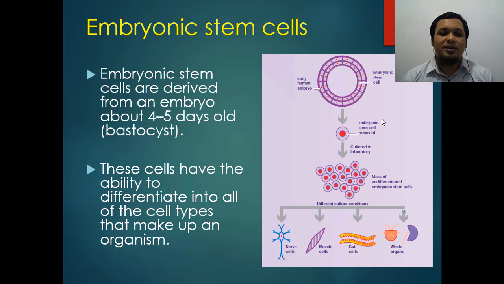And these cells have the ability to differentiate into the cells that make up an organism, which means it could be anything. So let's see the picture here. This is the embryonic stem cell, and when it differentiates, it could change into anything. It could change into nerve, muscles, gut cells, and even a whole organism.